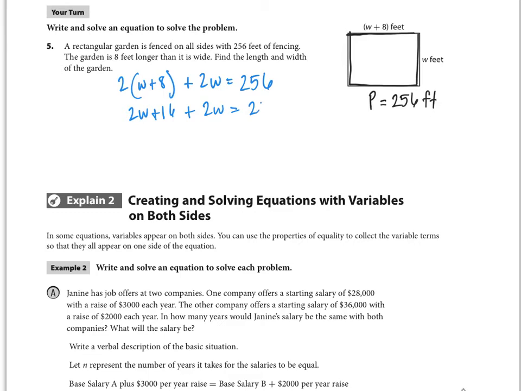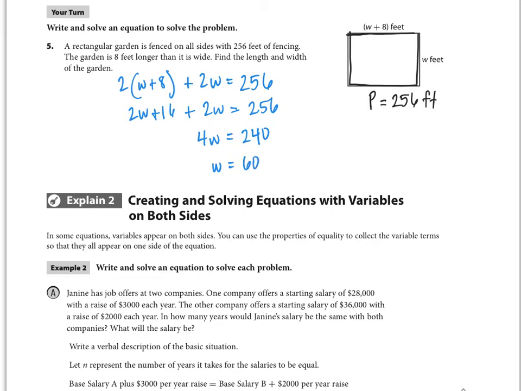So I'm going to go through this quickly. Combine like terms now. 4W. I'm also going to subtract 16 on both sides. Hopefully I'm not doing too many steps here at once. And dividing by 4 on both sides, division property of equality, gives me W equals 60.